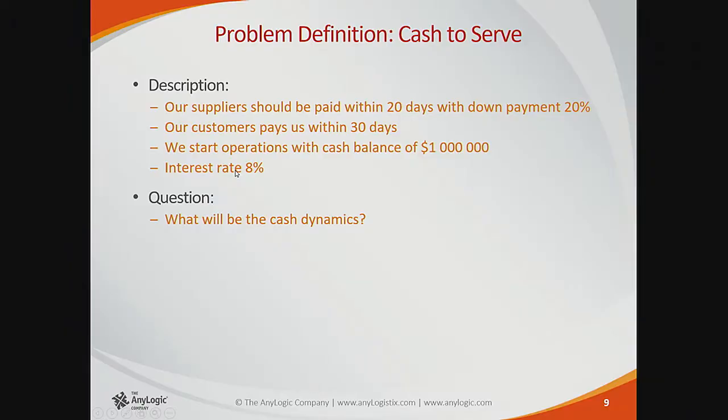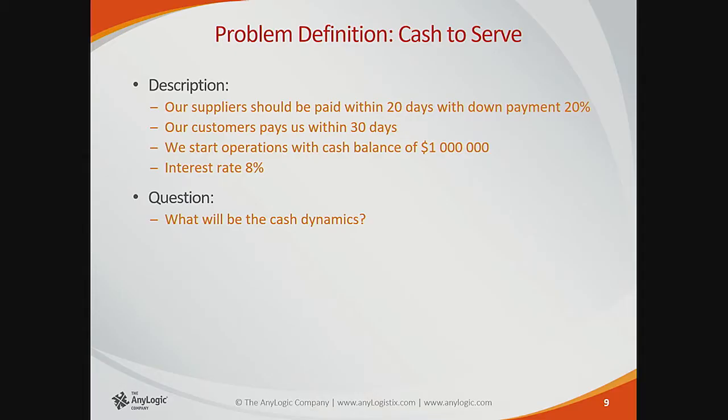The next experiment we are going to do is to estimate the cash dynamics. One of the important things when you run a supply chain or business is that you want to understand when and how much cash you will actually have to pay your expenses. And so dynamic simulation is a unique approach to do that kind of calculation.